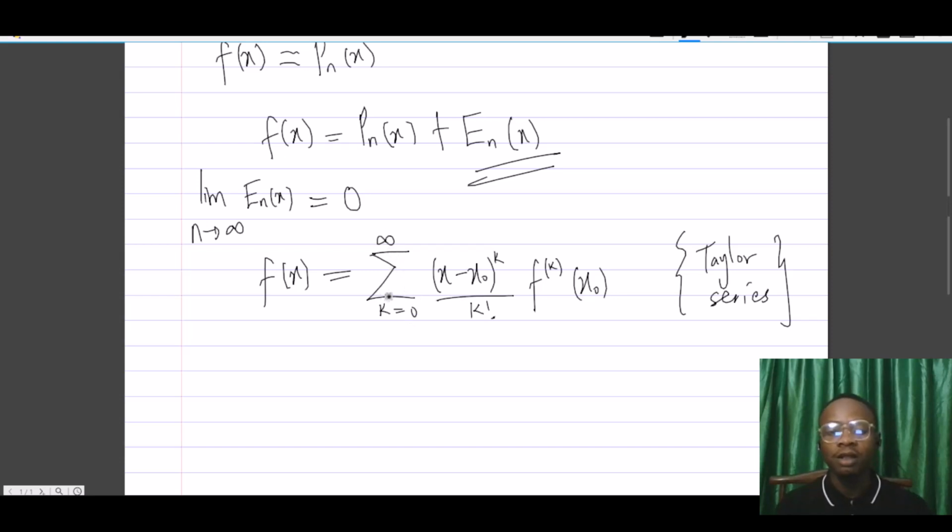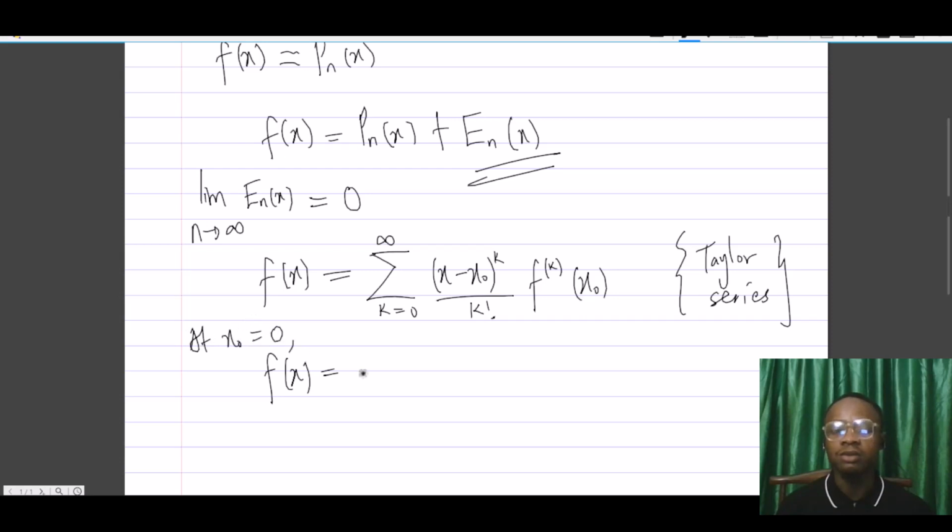The Taylor series expansion will be an exact representation of the function f of x. We know it continues forever. Equivalently, the Maclaurin series expansion is specifically for when x naught is 0.